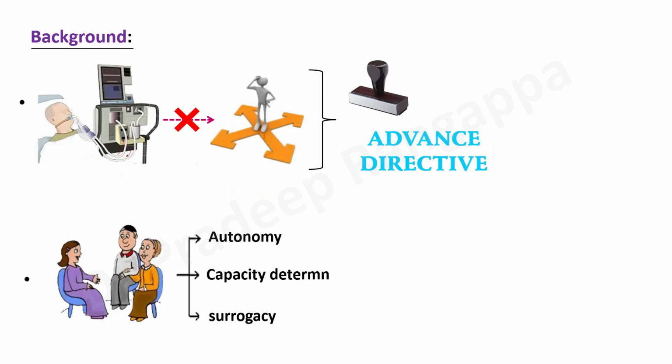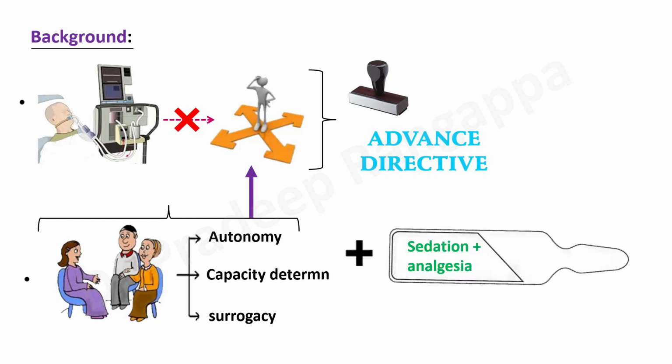For this, good communication with the family is needed, keeping in mind these important parameters: autonomy, if there has been an expressed wish to the family, capacity determination, and surrogacy. These are the three components which need to be touched upon when we are discussing with the family. By encompassing all this, one could be guided as to what is the right decision that needs to be made for the patient.